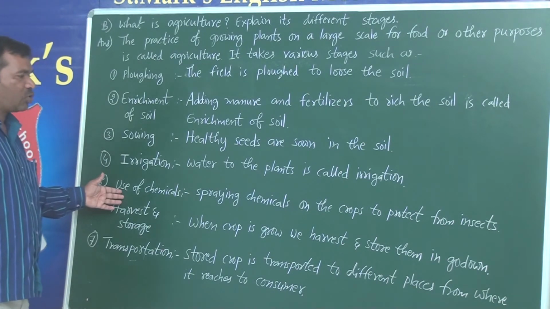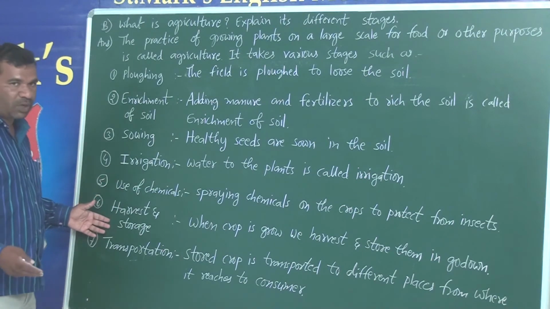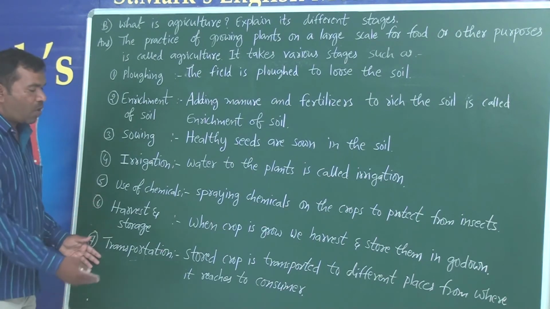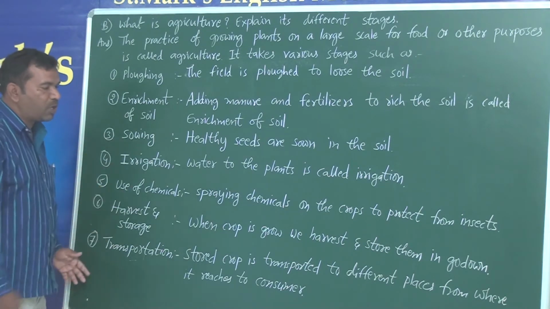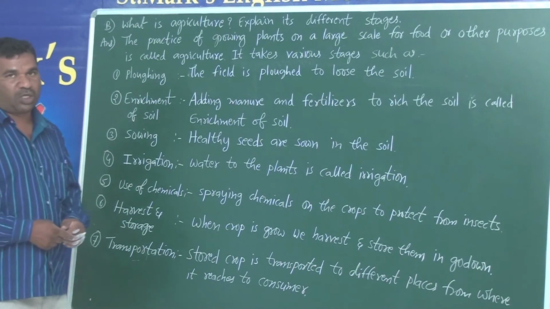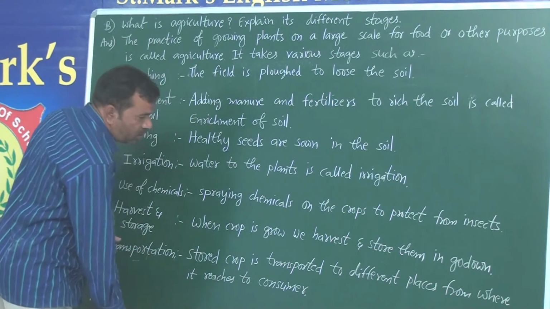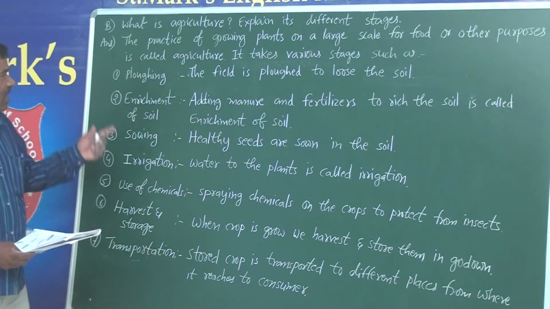We spray chemicals on the crops to protect them from insects, and once the crop is ready, we harvest and store them. Later on, the stored crop is transferred to different places from which it reaches the consumer. Consumer means the one who uses the crop. So this is the second answer.